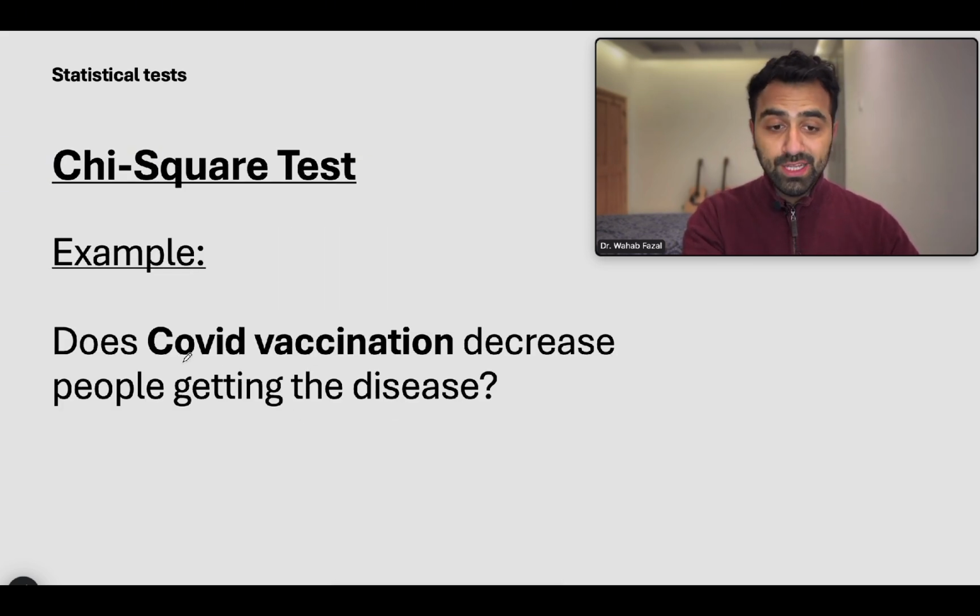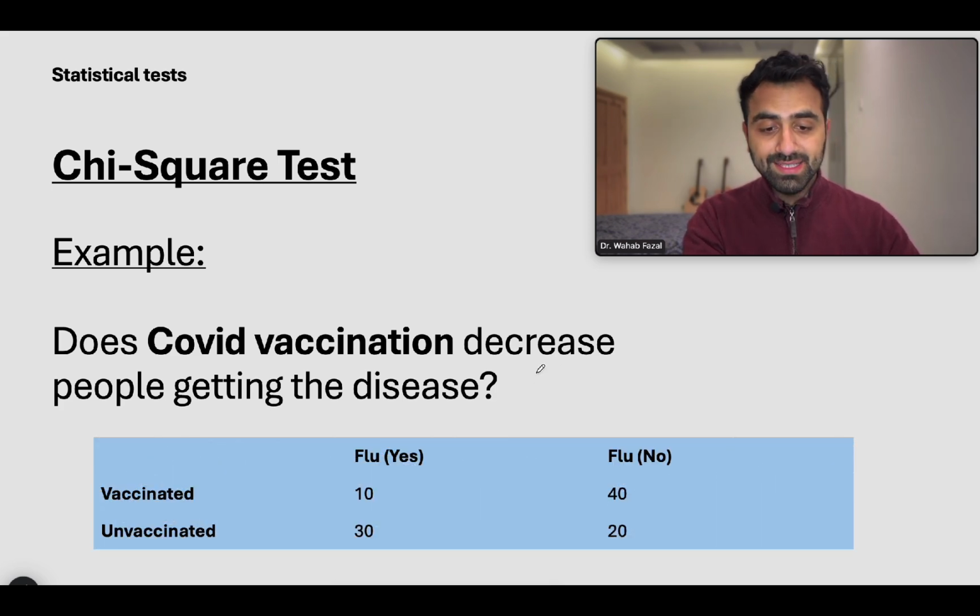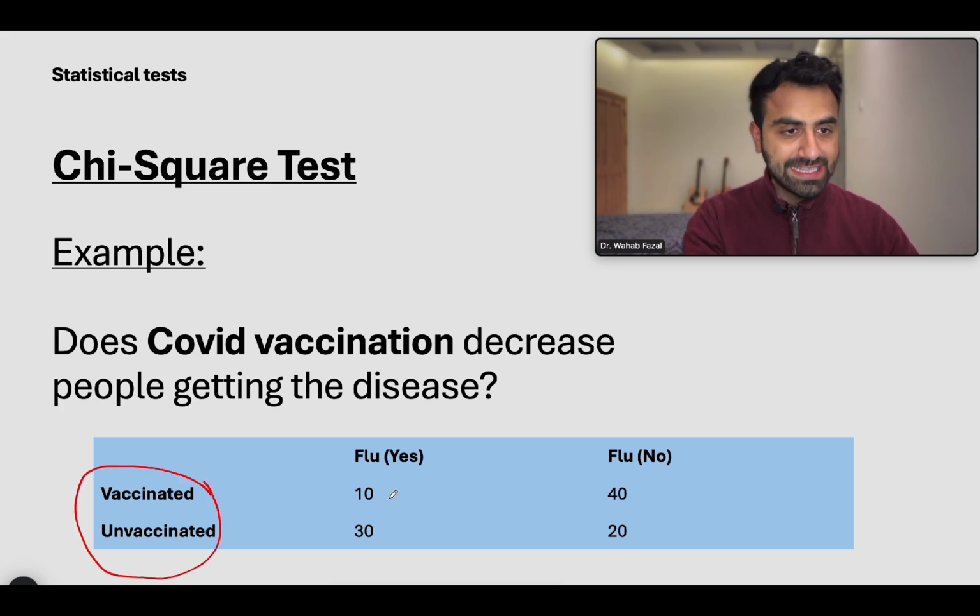Our example is, does the COVID vaccination decrease the number of people getting the disease? And this is the data that we have. First of all, is all of this data qualitative? Whether you're vaccinated or unvaccinated is a qualitative thing, yes or no. It's not measured in numbers.